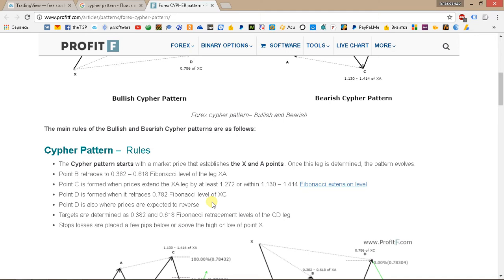Sometimes the 786 of XC may not be extending B. So the B point should not touch the 786 of XC.